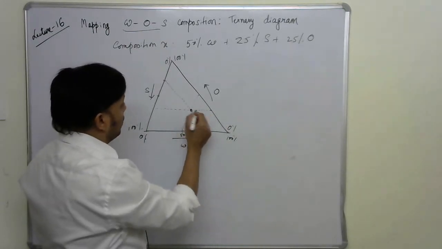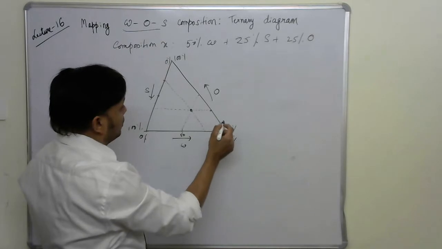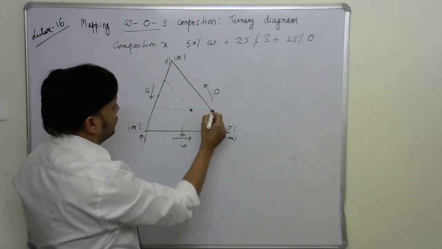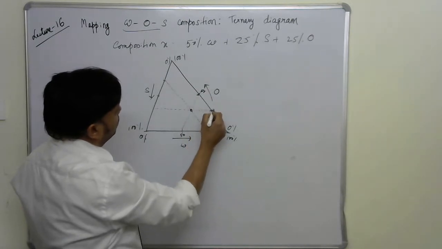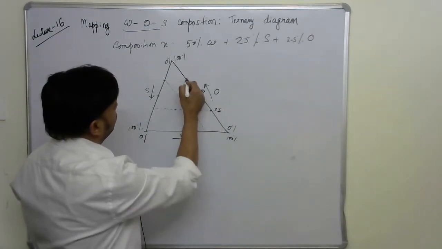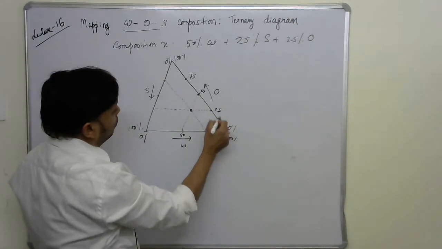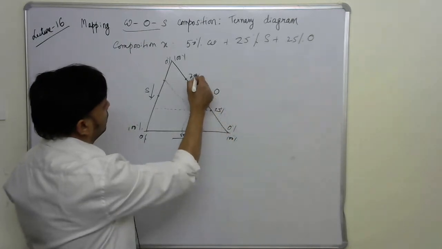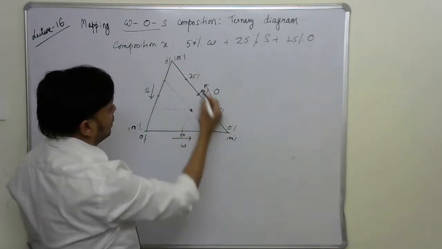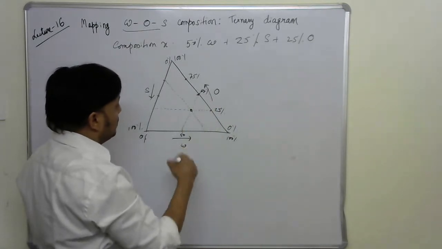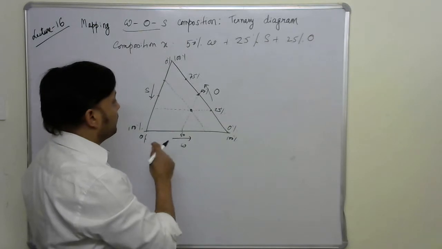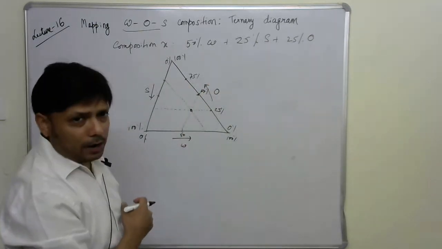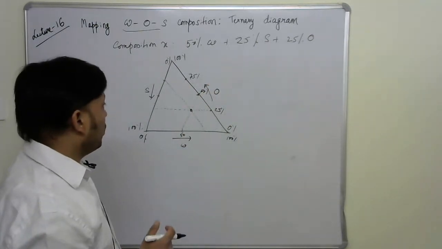And I reckon this is 50%, so this should be 25 and this should be 75. So 0, 25%, 50%, 75%, 100%. So this is the oil axis. That's how we can represent any point, any composition on a ternary diagram. So an exercise for you.